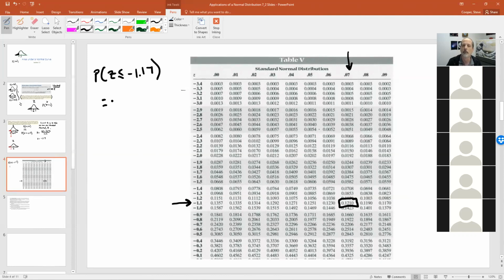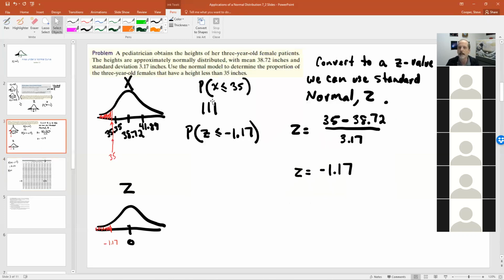So we now know that the probability that x is less than or equal to 35, remember, that was our original question, is equivalent to a z-score of negative 1.17.